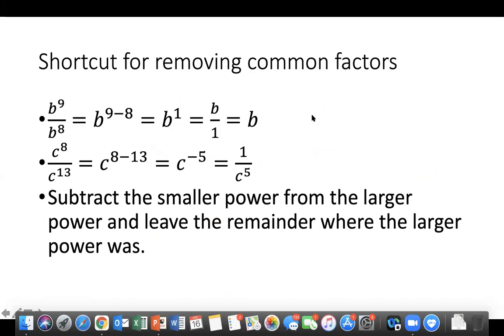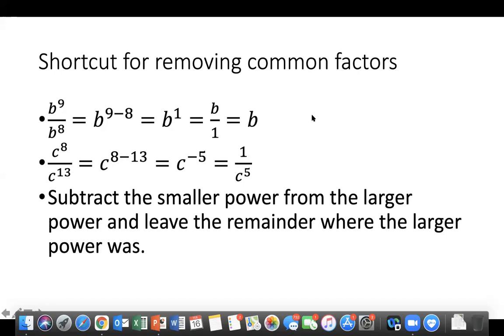B to the 9th divided by b to the 8th, which we just had in that example, simplifies to b to the power 9 minus 8, which is b to the 1st. But if I had something like c to the 8th divided by c to the 13th, using the quotient rule, that's c to the power 8 minus 13, which is c to the negative 5. But then I would have to rewrite that as c to the 5th.